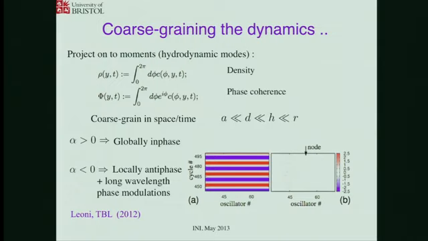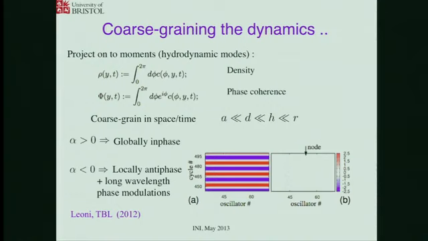Then we can do the same analysis that we did before. We have a continuous symmetry here, because our phase variable has 2 pi periodicity. So we're asking whether or not we break this continuous symmetry. And indeed, we find that we do, only if alpha is bigger than 0.